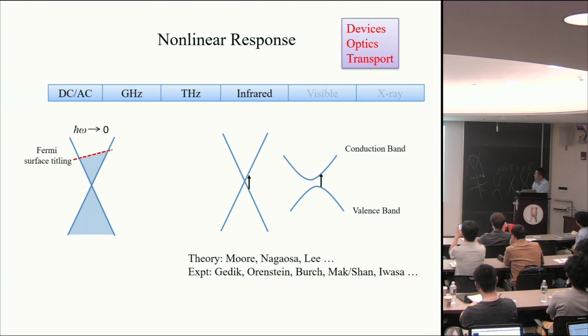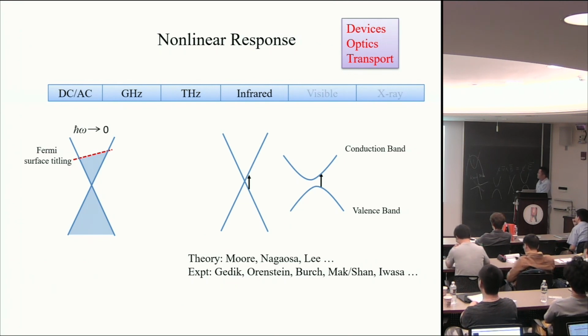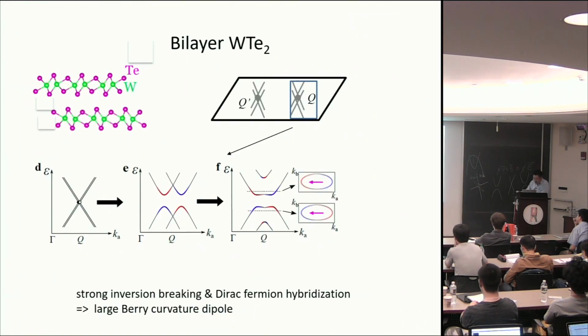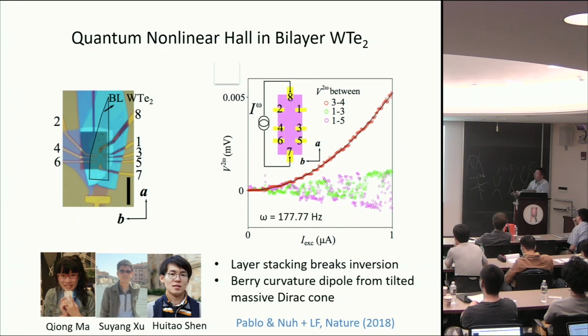For example, when you excite electrons from the valence band to the conduction band, it leads to a photocurrent. Well, what I've been talking about is purely coming from the Fermi surface, right? So we're using the Boltzmann equation to describe the physics associated with anomalous velocity. So these are all at very low frequency. For example, this experiment is done at only 100 hertz, right?